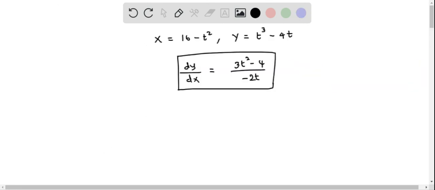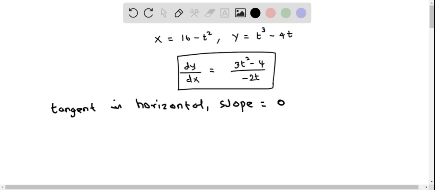We now determine the value of t such that the tangent to the curve is horizontal. So we say that when the tangent is horizontal, its slope is 0.